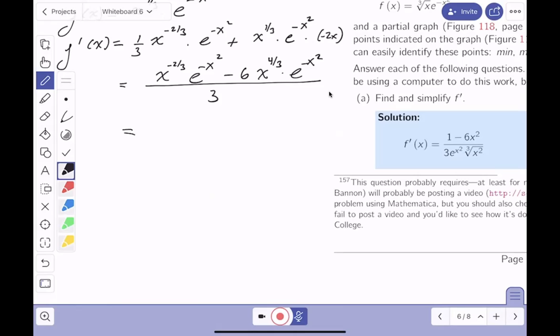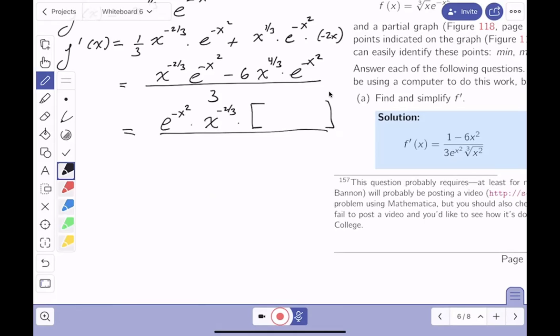Generally speaking, we like to factor if we can, and I have to be careful here. I'm going to factor out e to the minus x squared. I'm also going to factor out x to the minus 2/3. By the way, if it doesn't work out nicely, I would stop and just leave what I got, or maybe try something different.